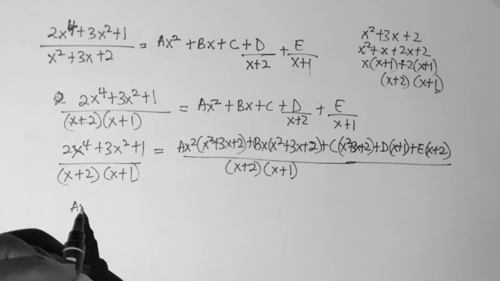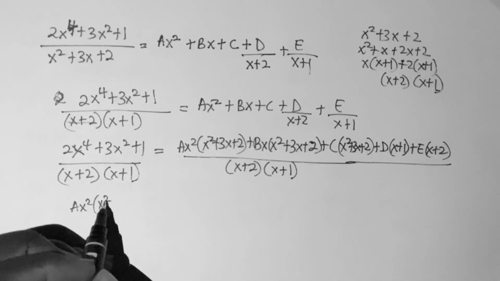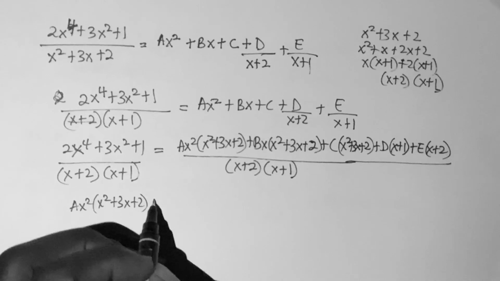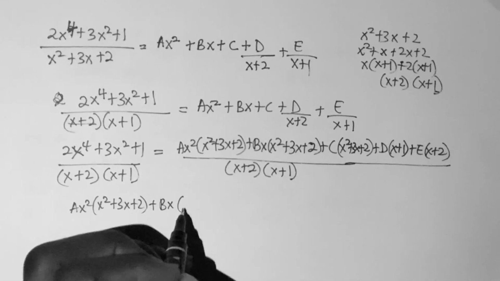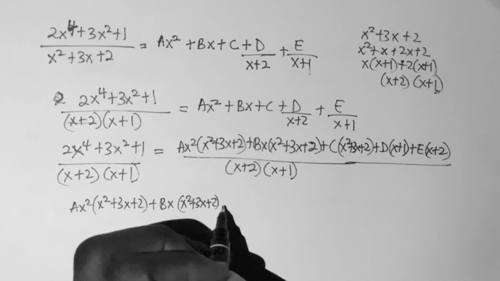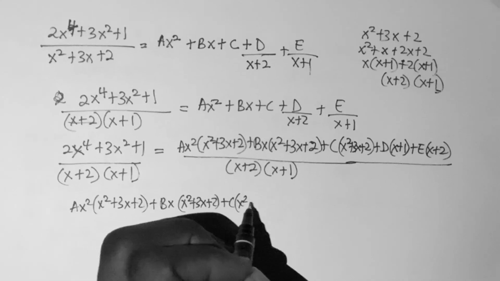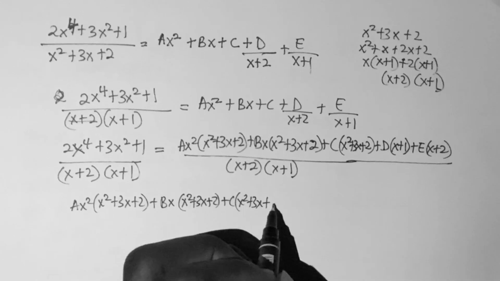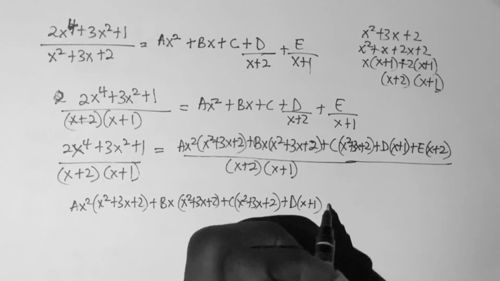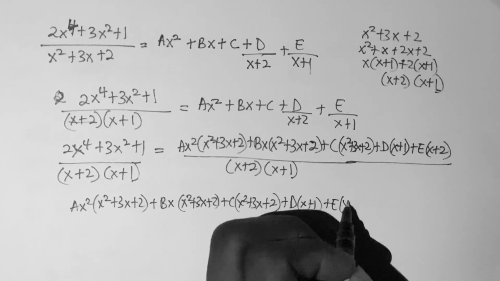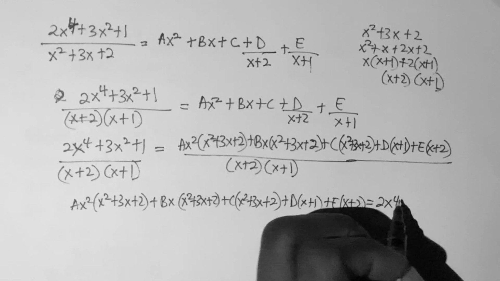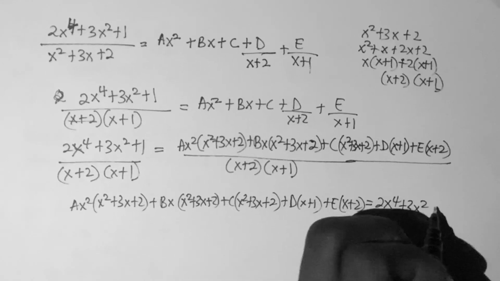So we have ax^2 times (x^2 + 3x + 2), then plus bx times (x^2 + 3x + 2), then plus c times (x^2 + 3x + 2), and plus d times (x + 1), and plus e times (x + 2), and that is equal to 2x^4 + 3x^2 + 1.